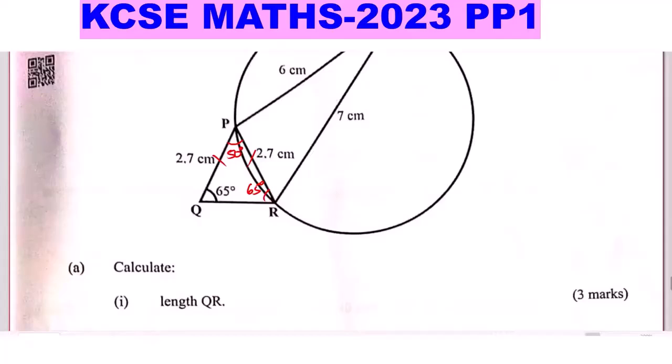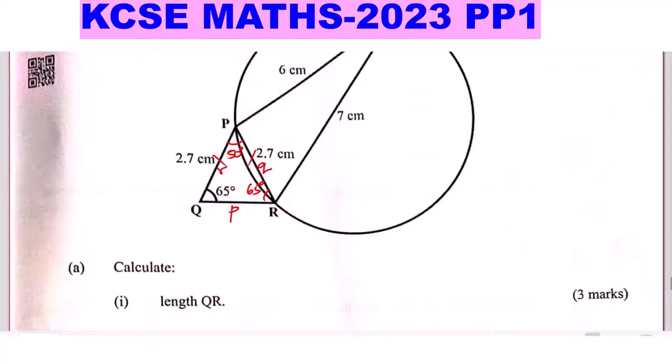So having two given sides and an angle, we can use the sine rule and we'll be able to get this. Sine rule: if I let the side opposite P be denoted by small p, side opposite R by small r, side opposite Q by small q.